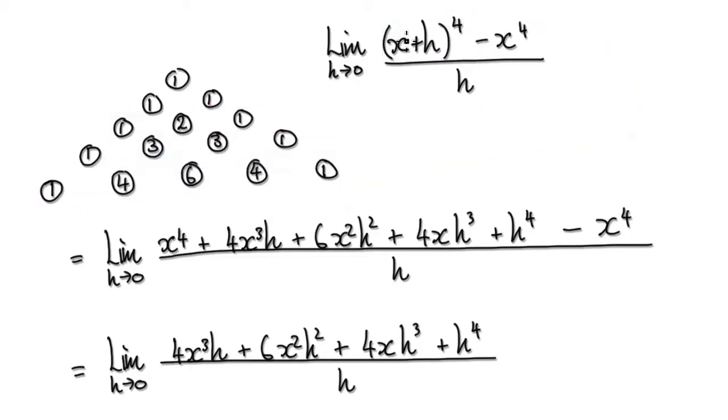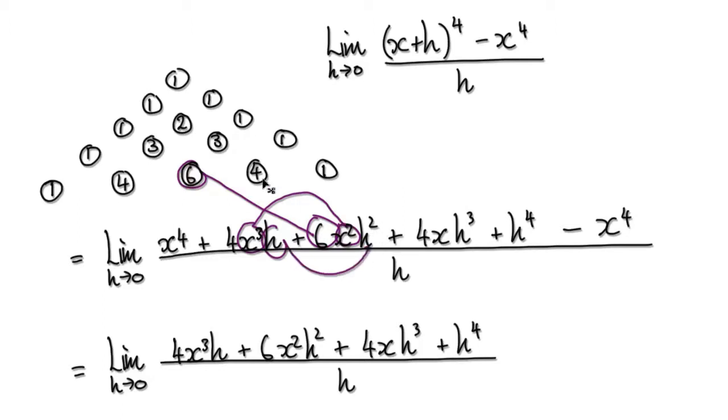So remember, to multiply this out, the first coefficient is 1, and then the next one would be x to the power of 3. h increases, well, x decreases by 1, so that's x to the power of 3. h increases by 1, and the coefficient would be 4. And then the next term, the coefficient would be 6, and then the x decreases by 1, and then the h increases by 1.